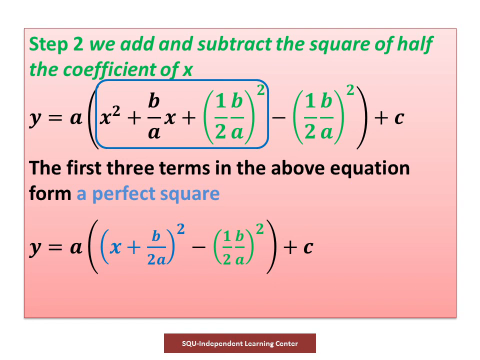So the first three terms will be rewritten as a perfect square. So y equals a, open a black bracket, and then inside it we have the perfect square, which is written in blue, x plus b over 2a all squared, minus half b over a all squared. I close the black bracket and then we write plus c as it is.